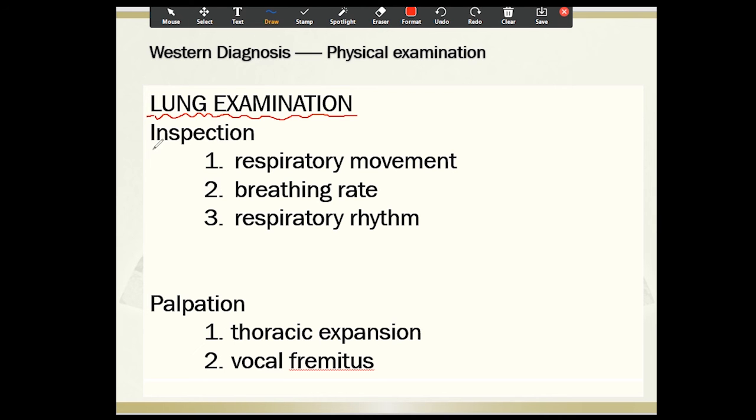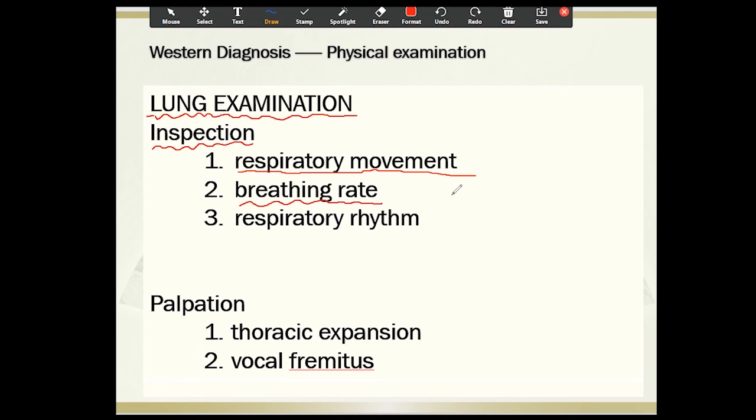Something we talked about before already, inspections: we look at the movement of the chest, the respiratory movement. And certainly when we check the lung, we need to calculate the respiration rate.